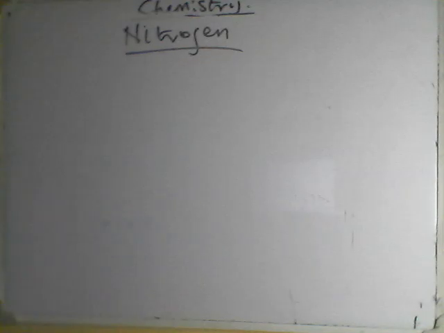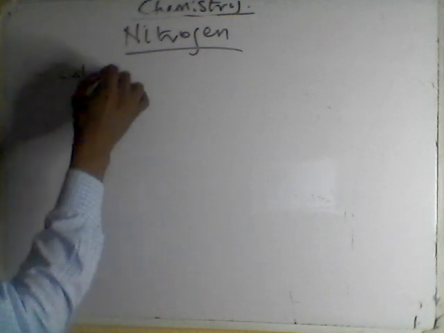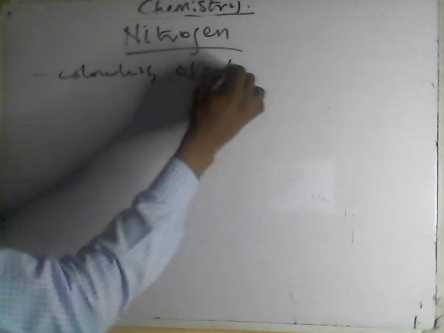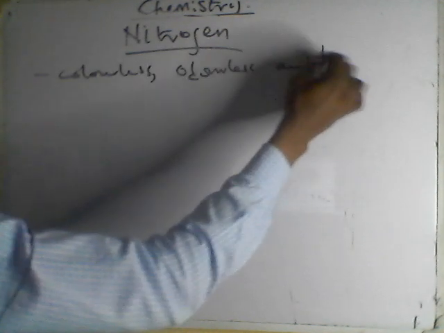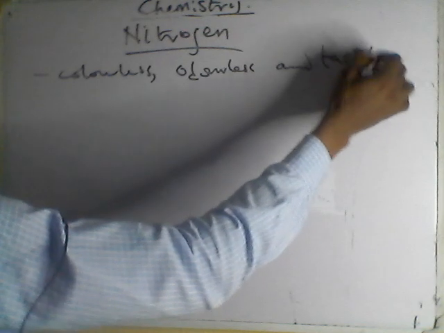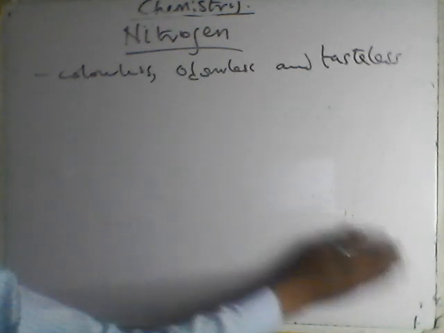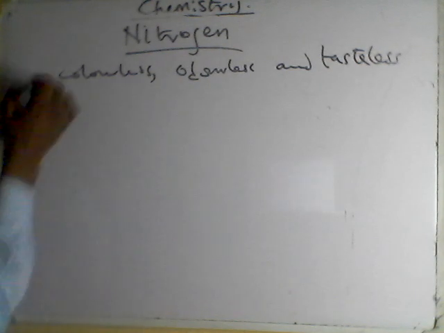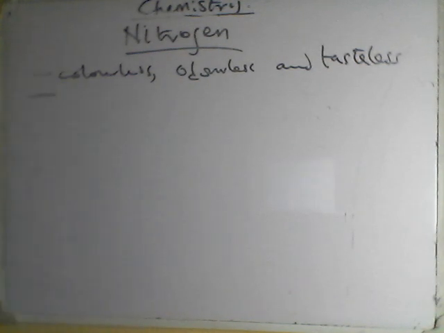Finally, we look at nitrogen. Nitrogen is a non-metal. Physical property is that it's a colorless, odorless, and tasteless gas. You see all these gases that are odorless, colorless, and tasteless, there's a way you can test them in the lab. Other properties include inert under normal condition.